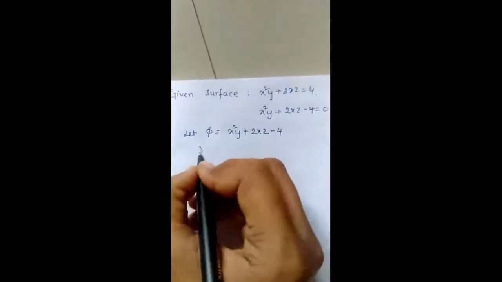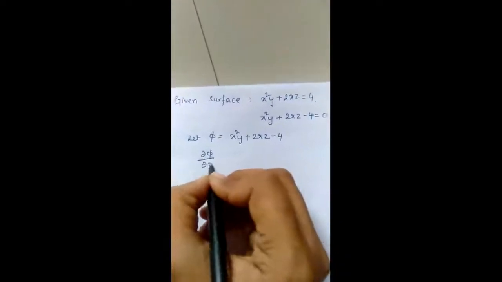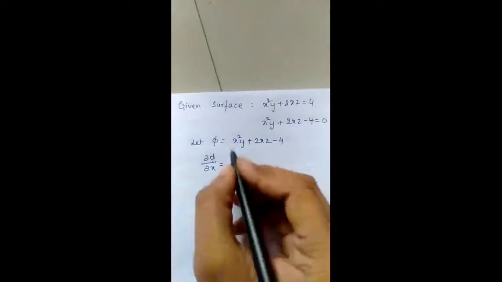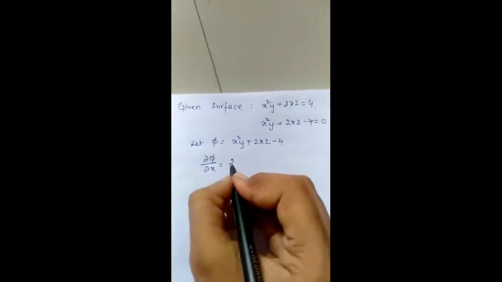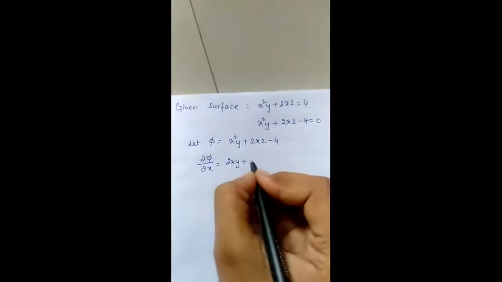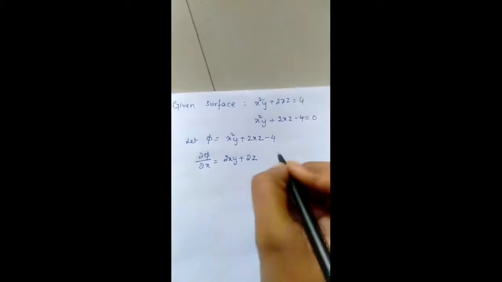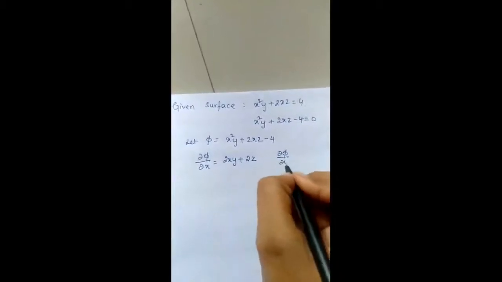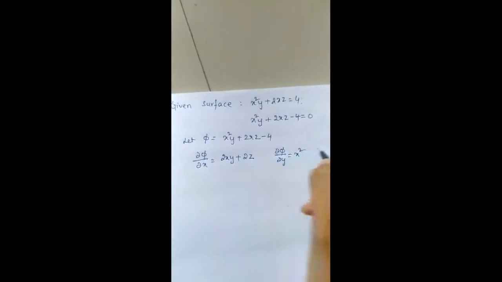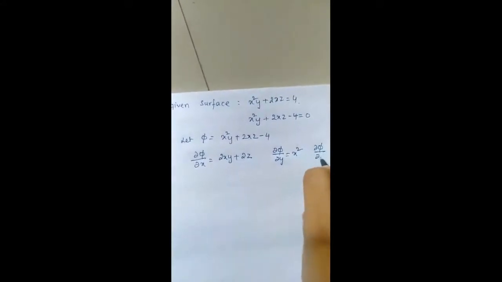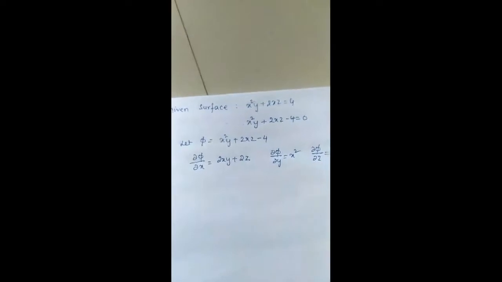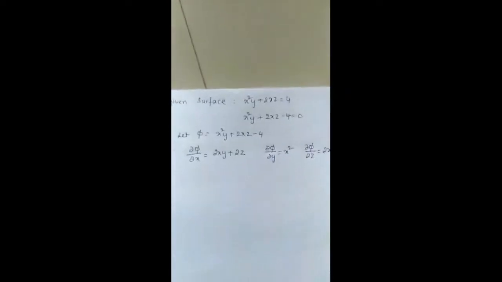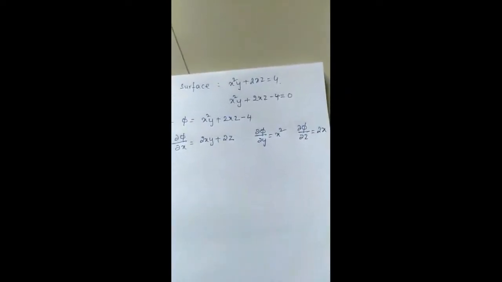First we calculate dou phi by dou x, the partial differentiation with respect to x: 2xy plus 2z. Dou phi by dou y is x square. Dou phi by dou z is 2x. First calculate these, then it will be easy.